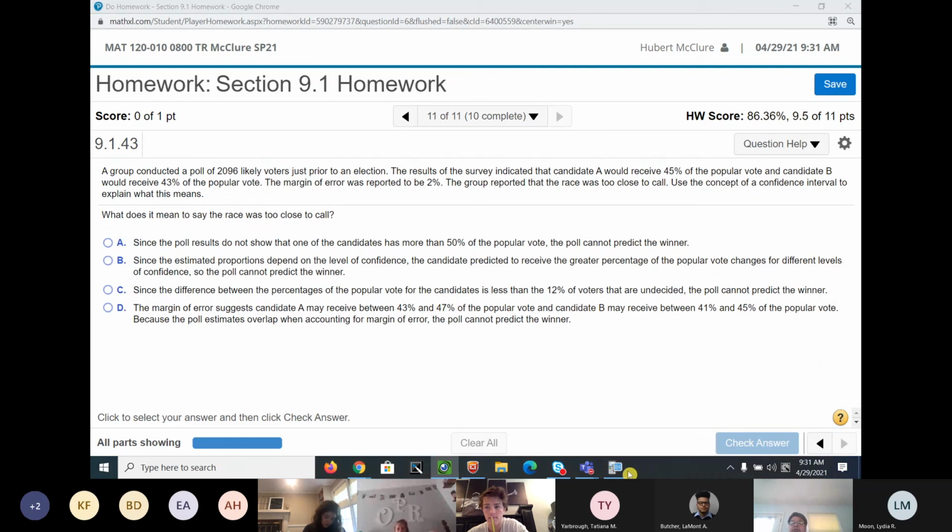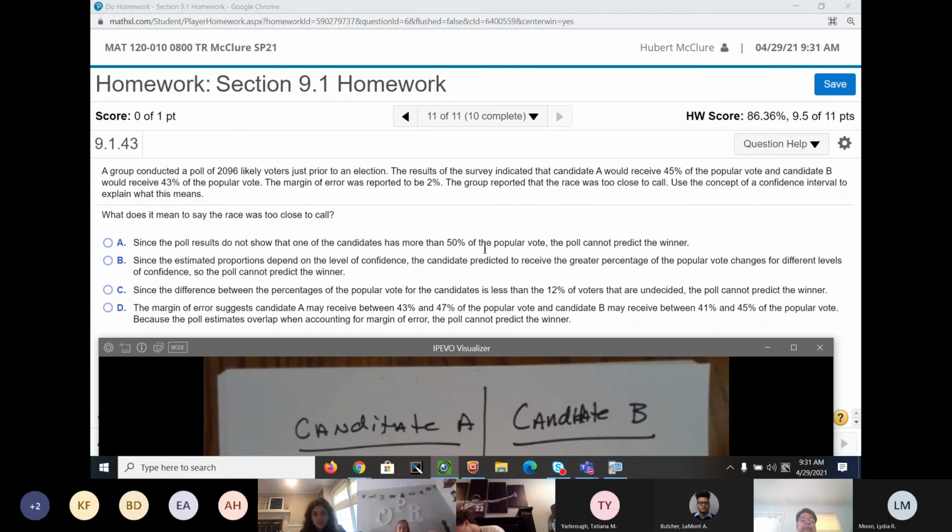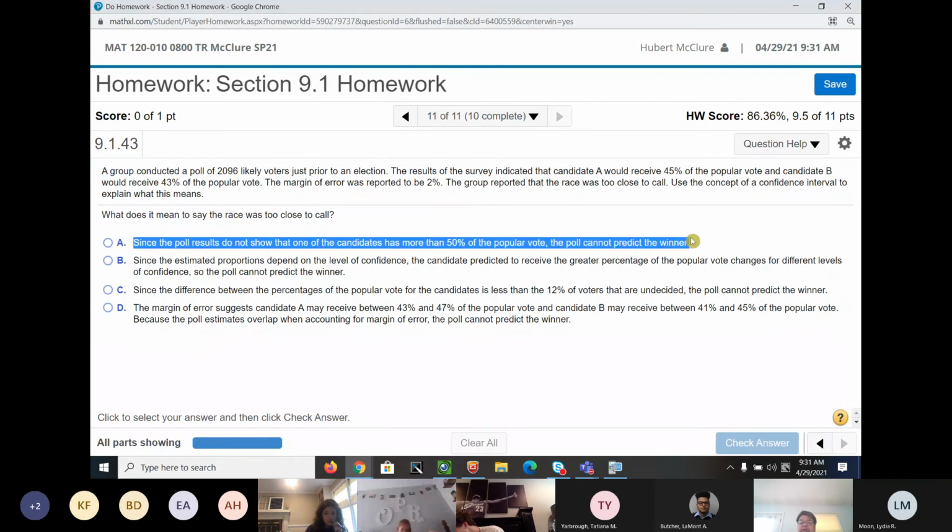Which one of these says it's too close to call? This could be an answer: "Since the polls do not show that one of the candidates has more than 50%, but that would fall to the rules of the precinct."